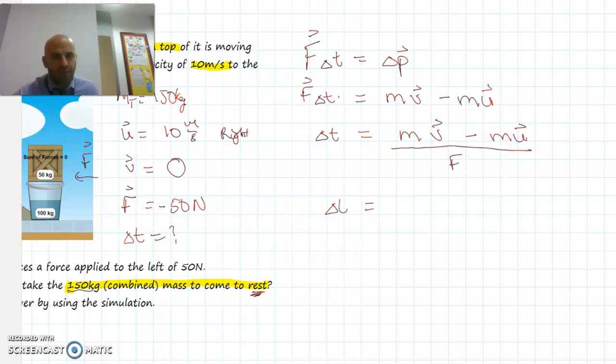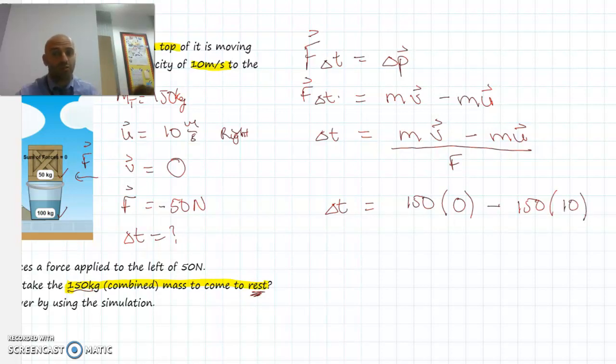So my time should be the mass. I've got 100 kgs down here and 50 kgs on top, so that's 150 kgs. My final velocity is 0, minus the mass again, 150 kgs, times the initial velocity, which is 10 meters per second to the right.